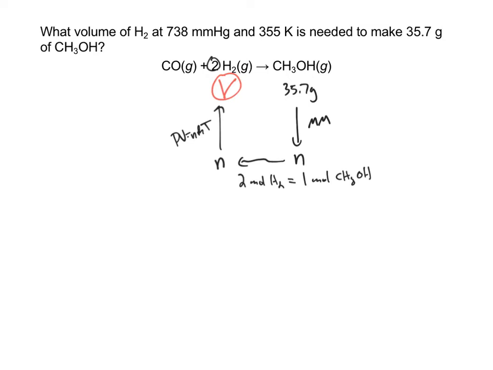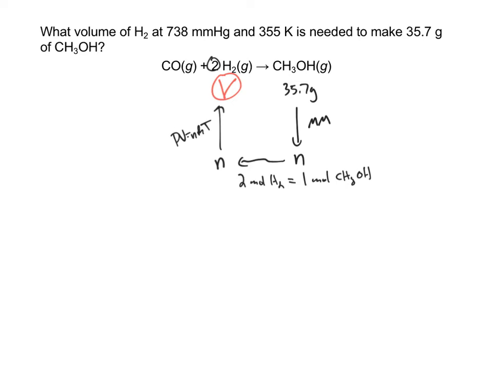Now, we could do this as one long problem, using PV equals nRT like a unit conversion, but I don't care to do it that way. So I'm just going to do this in 3 steps. Of course, as we've done stoichiometry in the past, going from grams of methanol to moles of H2 we could do in 1 step, but I find it easier to just do it as 3 separate steps.